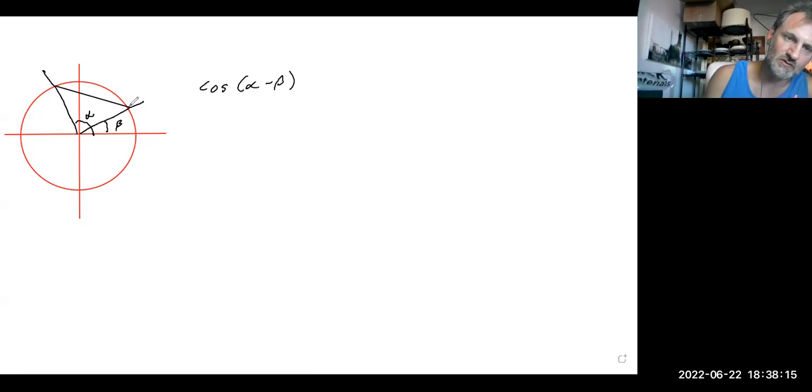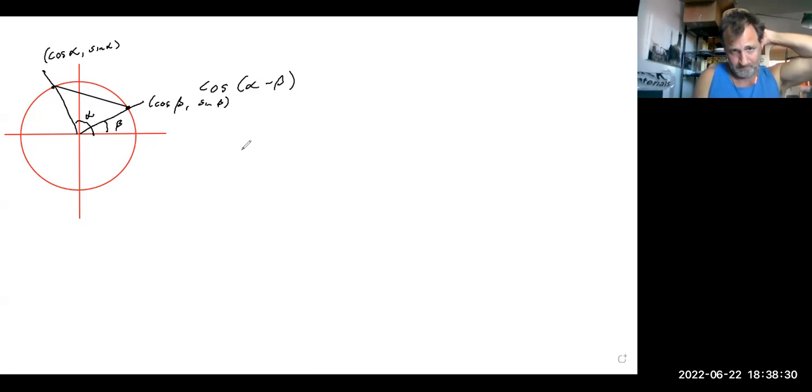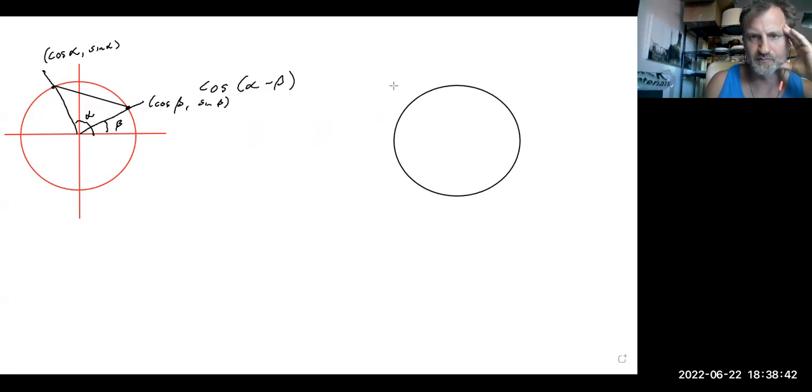So first of all, let's just note down a few things here. This, of course, would be cosine beta, sine beta. This point here would be cosine alpha, sine alpha. And if I reorient this drawing, I'm going to try to just sketch it real quick. The orientation is really important.